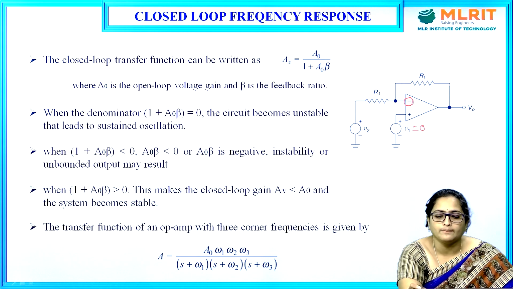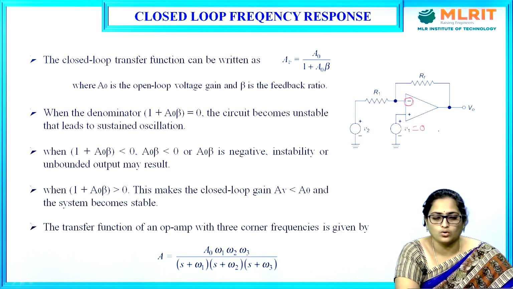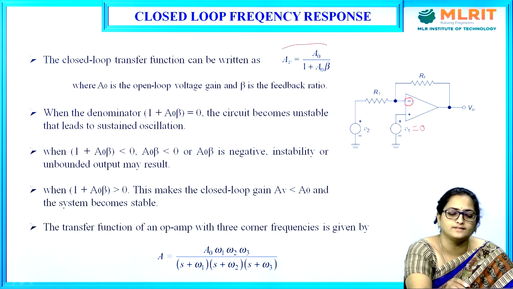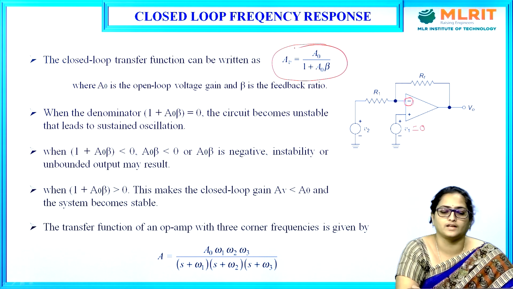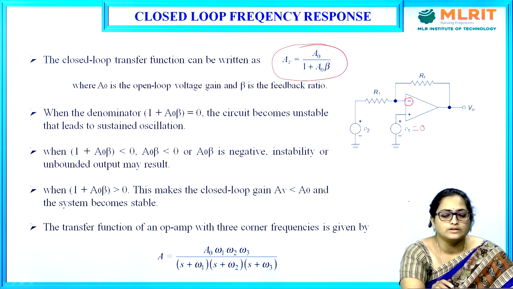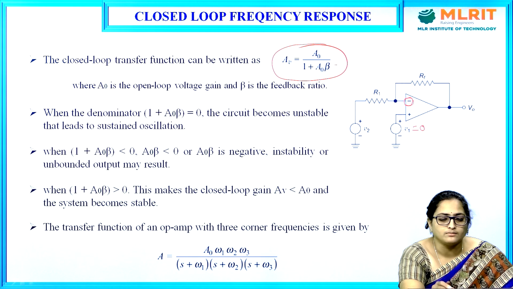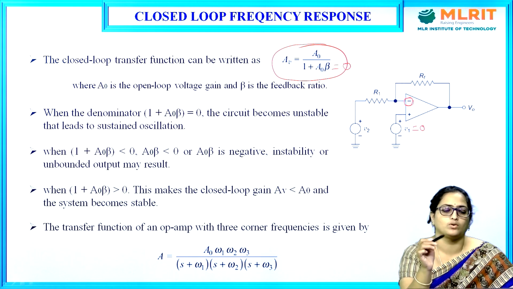So, by placing a resistive network from the output to the inverting terminal, this circuit gives a closed loop frequency response. And the gain of this closed loop frequency response is given as A naught by 1 plus A naught into beta. The stability can be determined by making the denominator equal to 0.